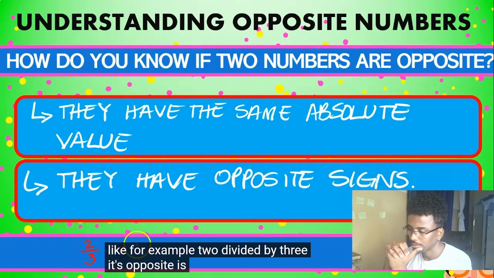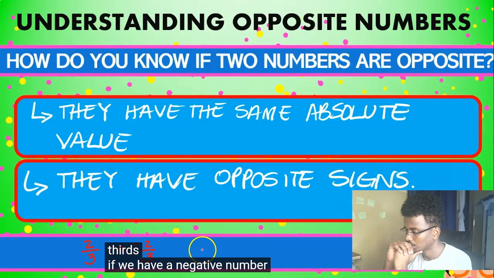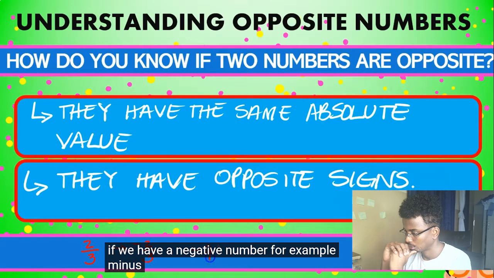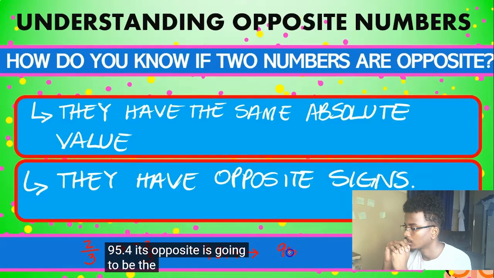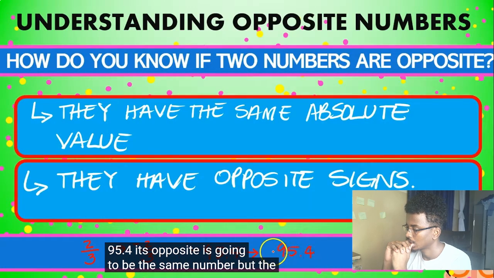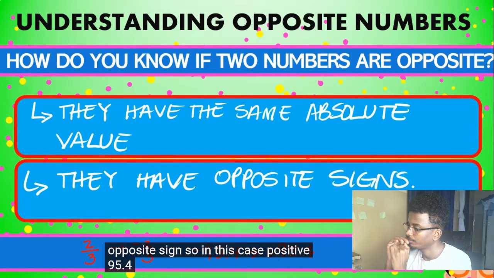Its opposite is going to be minus 2/3. If we have a negative number, for example, minus 95.4, its opposite is going to be the same number, but the opposite sign. So in this case, positive 95.4.